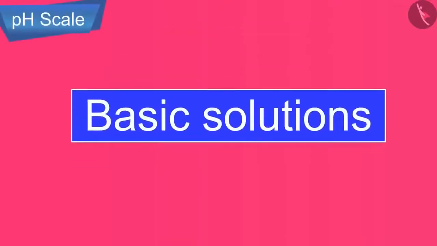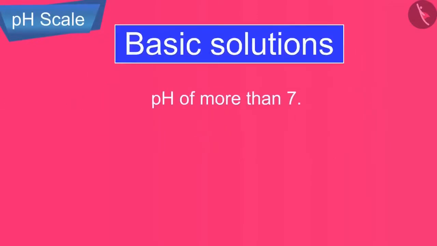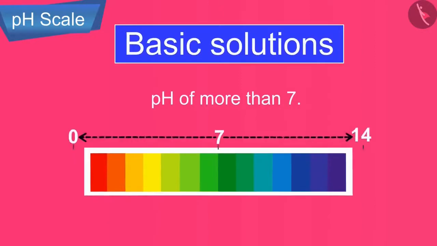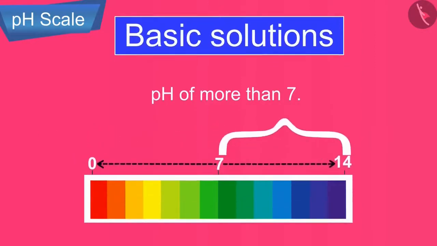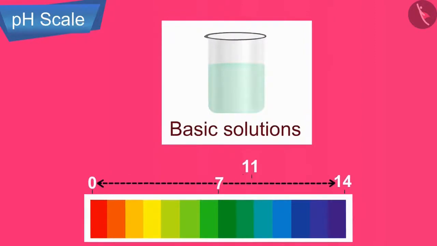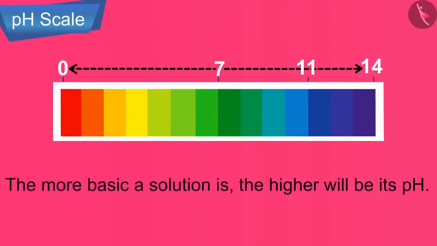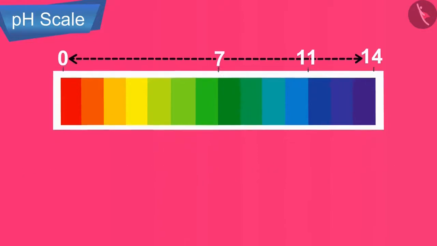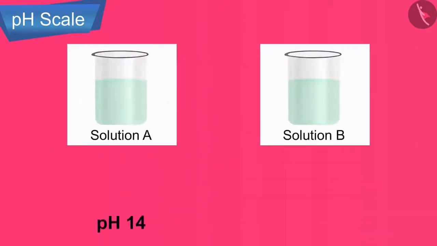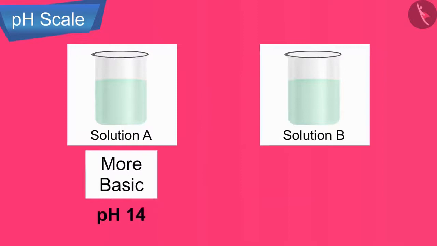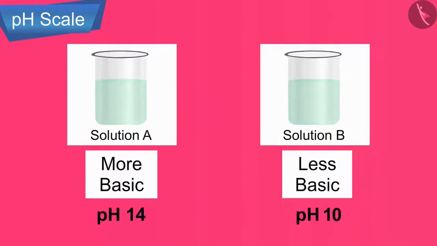Now, we will further this discussion by talking about the pH value of bases. Basic solutions have a pH of more than 7. For example, a solution of pH 11 will be basic in nature. Also note that the more basic a solution is, the higher will be its pH. For example, a solution of pH 14 will be much more basic than another solution of pH 10.